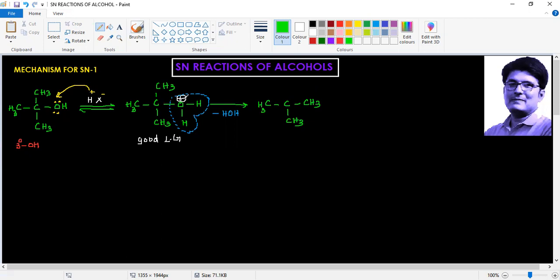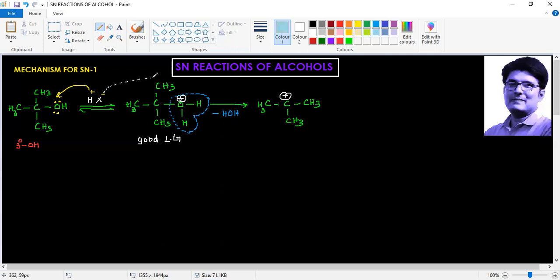Whenever this leaving group leaves, the carbon valency is lowered and it forms a carbocation. Once the carbocation is obtained, obviously we know it favors SN1, isn't it? Once the carbocation is obtained, then this X minus attacks over here.